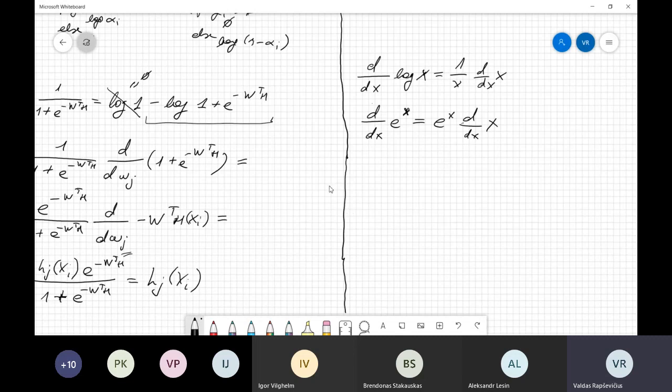Okay, since we already had this rule, the probability of being in class 0 given xi and w equals, as you already know, 1 minus the probability of being in class 1 in a binary classification problem.